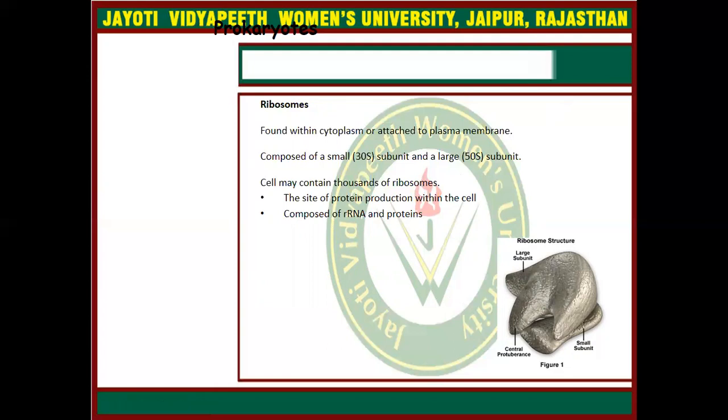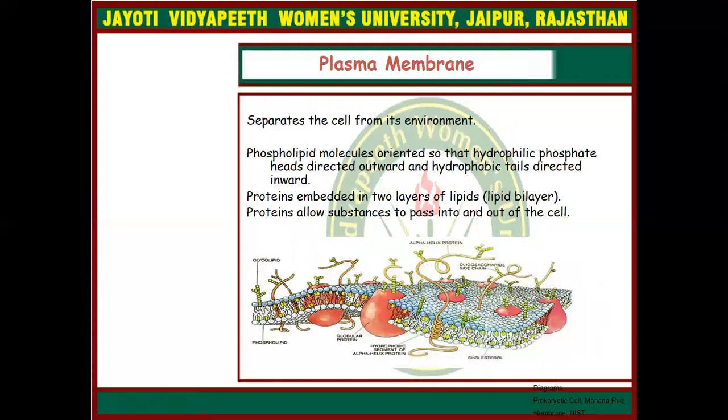They have an important role in protein synthesis, and they are mainly composed of rRNA, ribosomal RNA, and proteins. This is the larger subunit, and this is the smaller subunit here. The larger and smaller subunits come together and complete the process of translation, that is, the protein synthesis process.